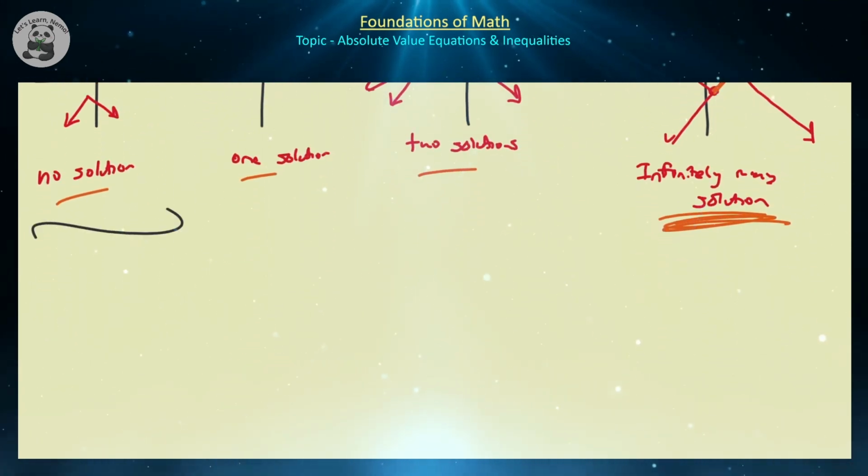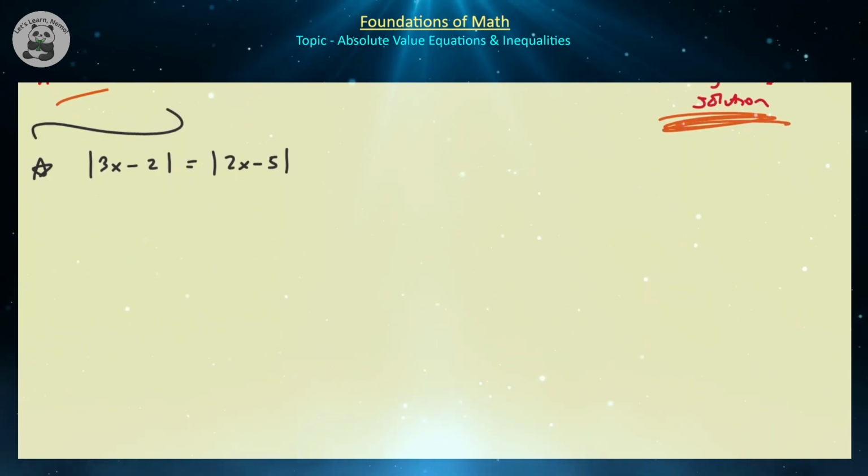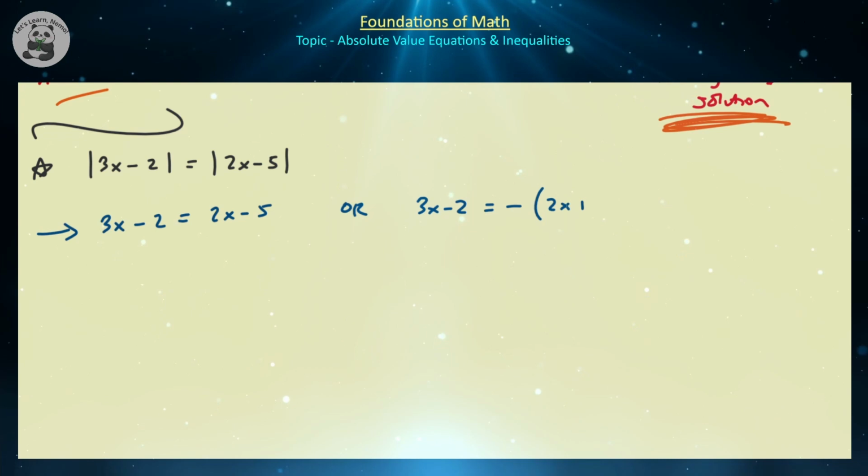So what type of situation do we have when we have 3x minus 2 is equal to the absolute value of 2x minus 5? Exactly how many solutions are there to this? One can show, and I'm not going to go through this proof, but it's actually not too hard to show using the methods that we discussed previously, that 3x minus 2 is equal to the right-hand side without the absolute values, or the left-hand side, 3x minus 2, is equal to the opposite of the right-hand side without, again, the absolute values.